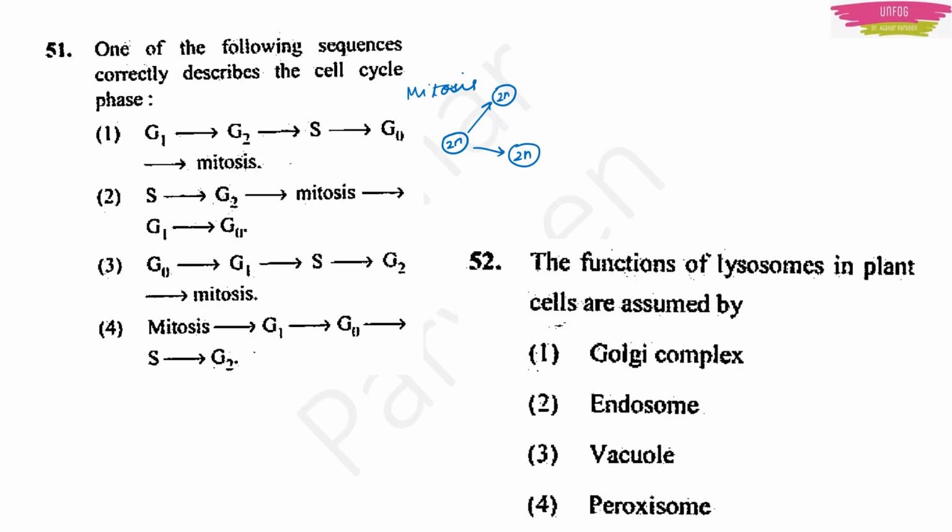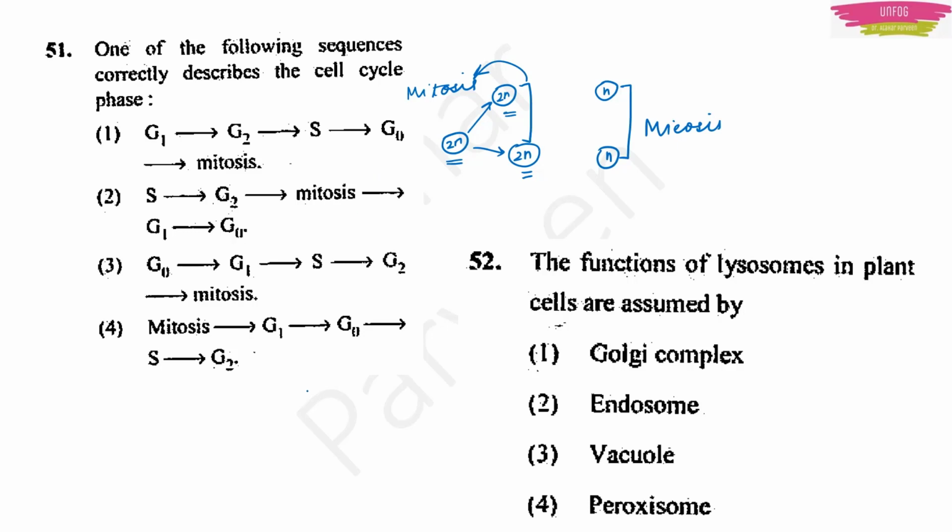But in meiosis, what happens? This diploid parent cell will not give rise to diploid daughter cells, but it gives rise to haploid or N daughter cells. Okay, this case is for meiosis. And this is for mitosis.